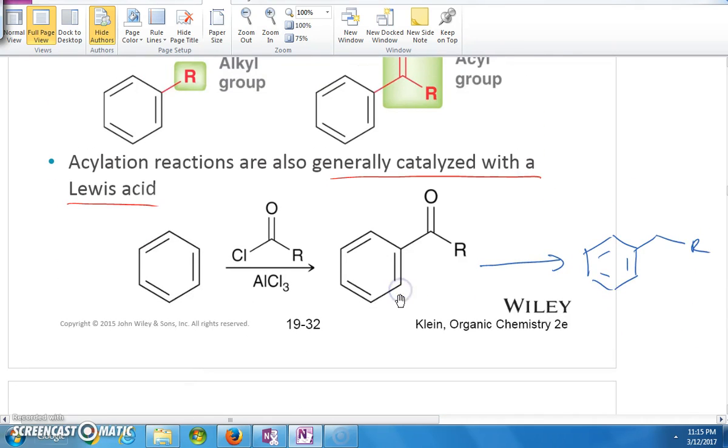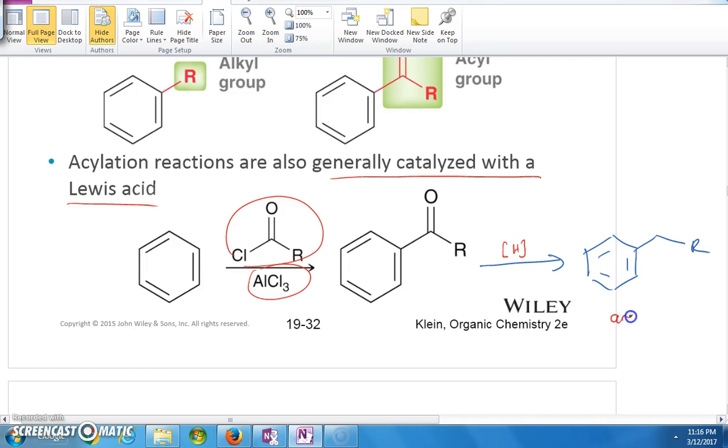So instead of incorporating an alkyl group, you can incorporate an acyl group by using, say, acyl chloride in the presence of a Lewis acid, aluminum chloride, to yield the substituted product, right? And then you can easily remove the carbonyl group by a simple reduction. You can do a Clemmensen reduction, an appropriate reducing agent, which we are going to talk about, and you get the arene.